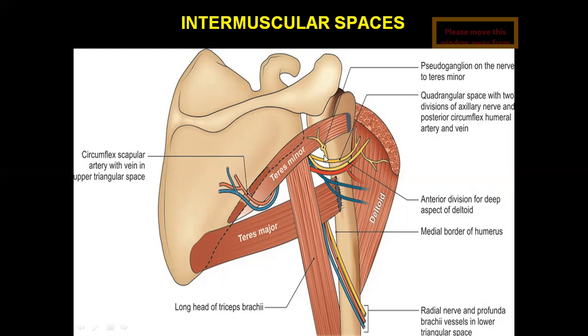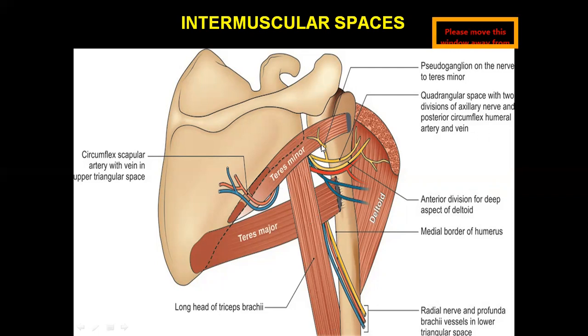Now between these three muscles, teres minor, teres major and the long head of triceps, if you observe, 1, 2 and 3 spaces are created. These spaces are between muscles, that's why we call them intermuscular spaces.